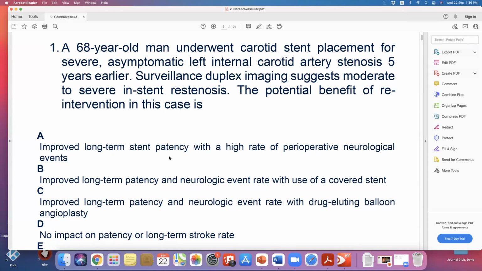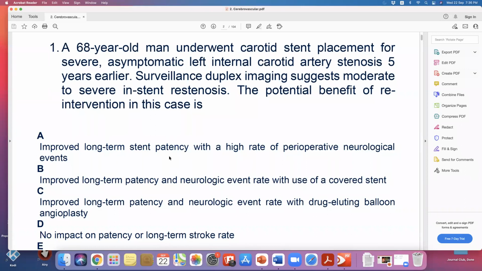Sir. A 68-year-old man underwent carotid stent placement for severe asymptomatic left internal carotid artery stenosis 5 years earlier. Surveillance duplex imaging suggests moderate to severe in-stent restenosis.